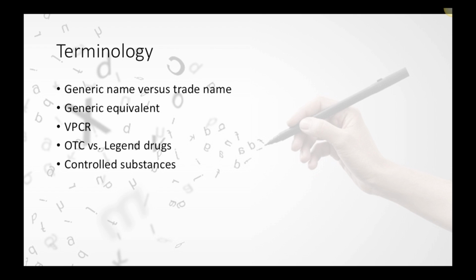Generic equivalents. So this is when there are essentially companies like Apotex or Sivo that just sell the drug as is. So it's not rebranded under a secondary company. So Apotex, I believe they have apo-meloxicam, which is the drug that Metacam is, and Metacam itself is owned by Boehringer Ingelheim.